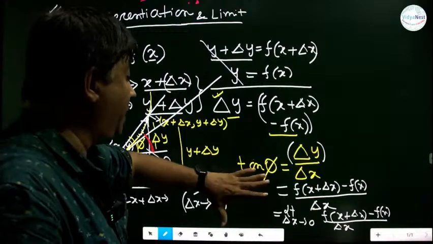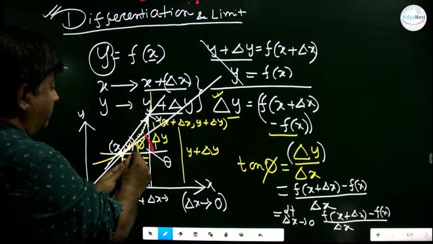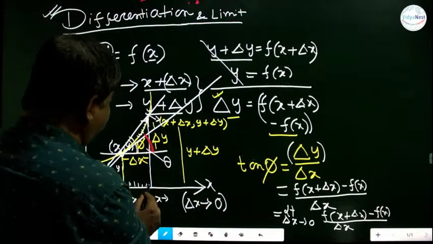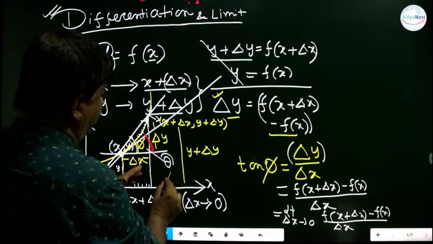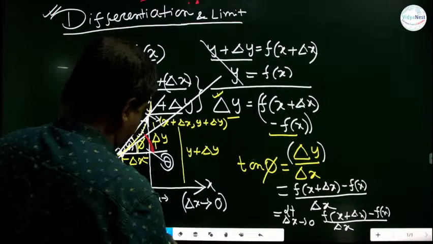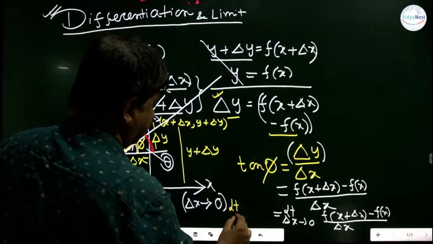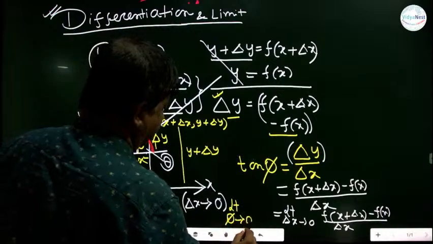So what will happen with the left hand side? Here also the limit is to be introduced. Delta x tends to 0 means phi will tend to the new angle theta.